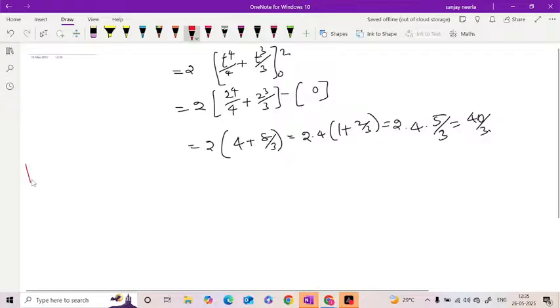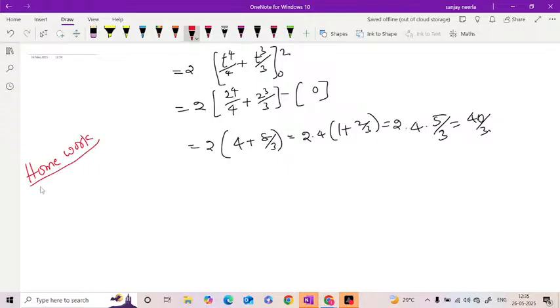Now here I am giving the homework problem. The first one, just try to practice the problem.